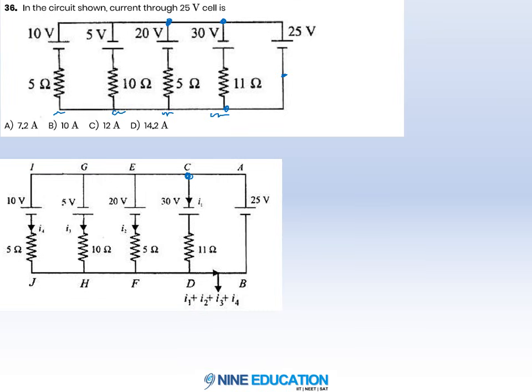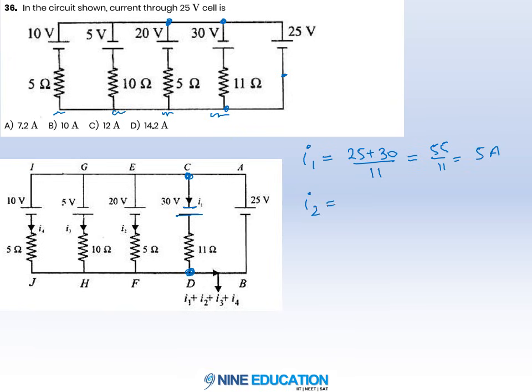So look at this branch. Potential difference between C and D is 25 and one cell is there of 30 volt. So can I write I1 equals 25 plus 30 upon resistance 11, that becomes 55 by 11 equals 5 ampere.